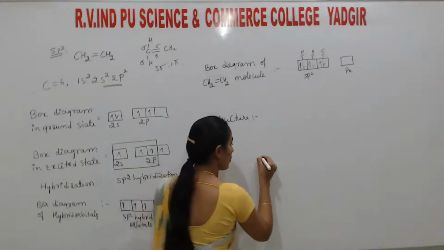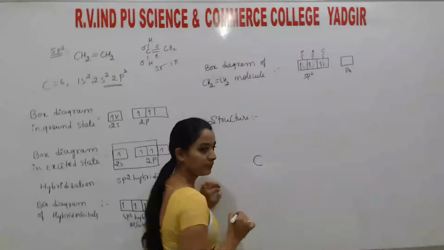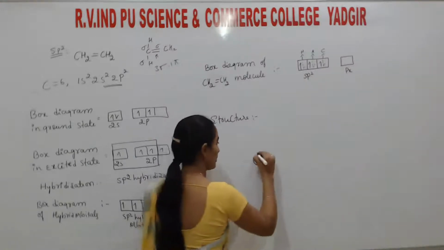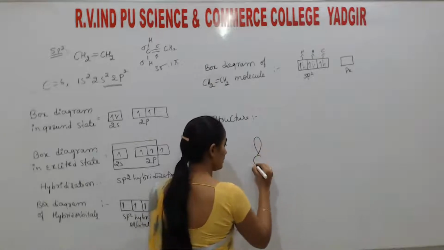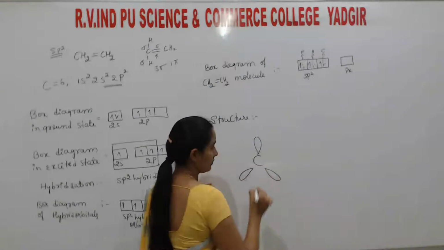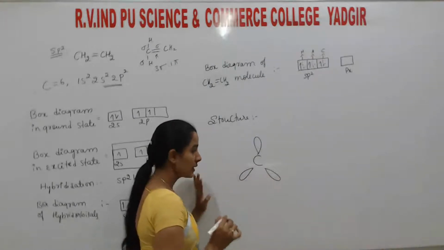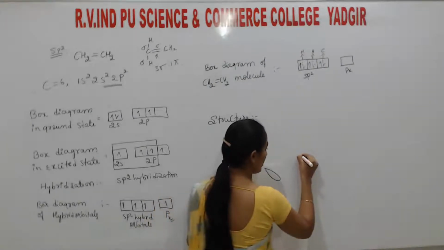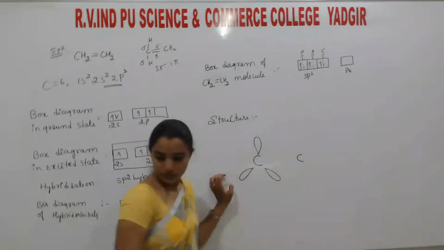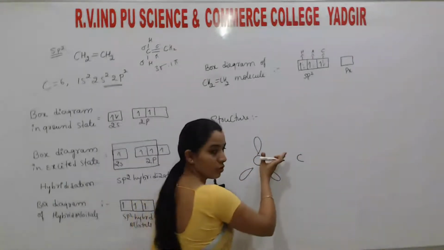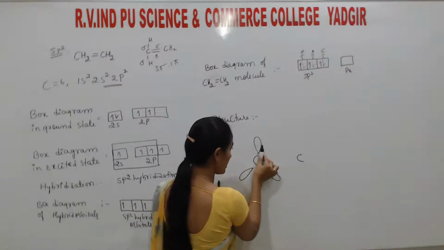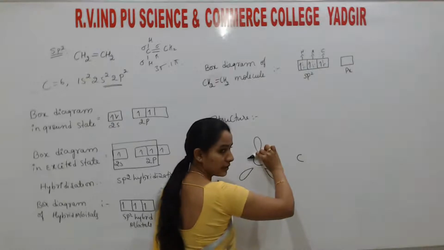So listen, one carbon atom is there. sp2 hybridization means planar structure. This one is 1, 2, 3. Similarly, another carbon atom here. I just rotate this molecule like this, in this direction, and simply rotate like this.